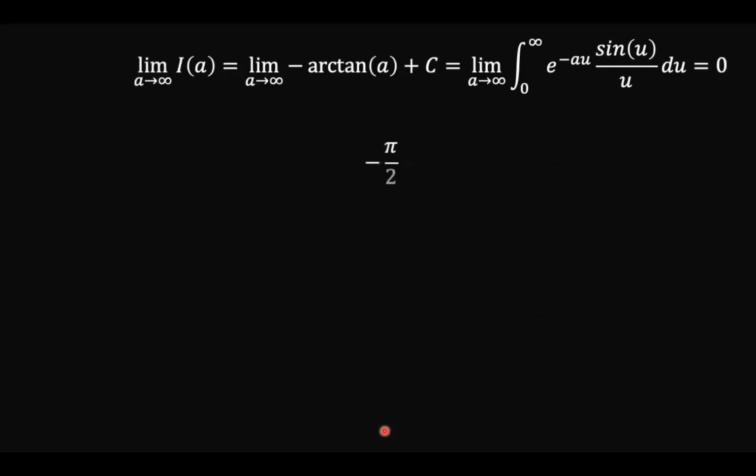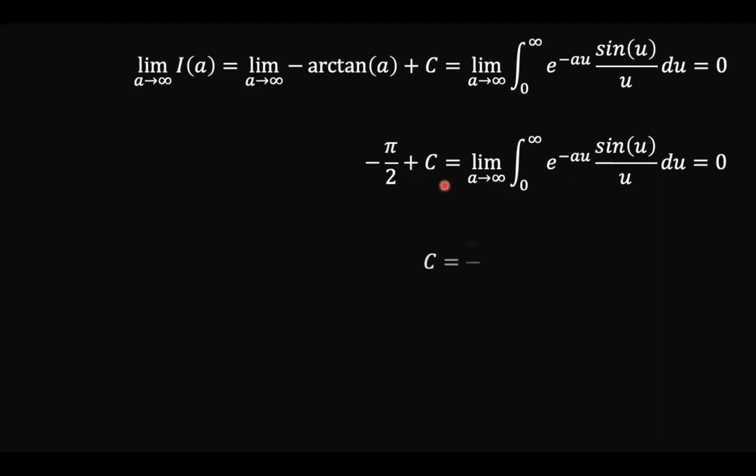That means arctangent of a with a tending to infinity is pi over 2, so negative pi over 2 plus c equals 0. So essentially, c is equal to pi over 2. Therefore I(a) is equal to pi over 2 minus the arctangent of a.